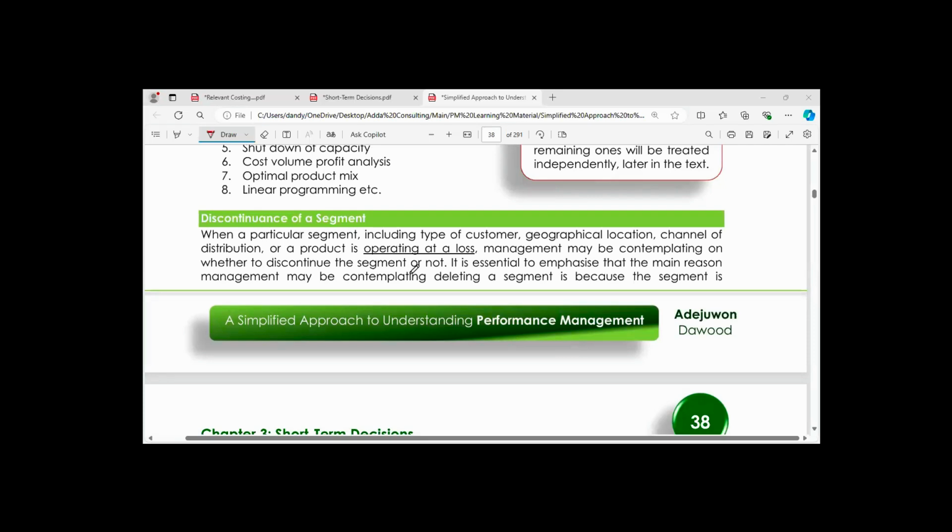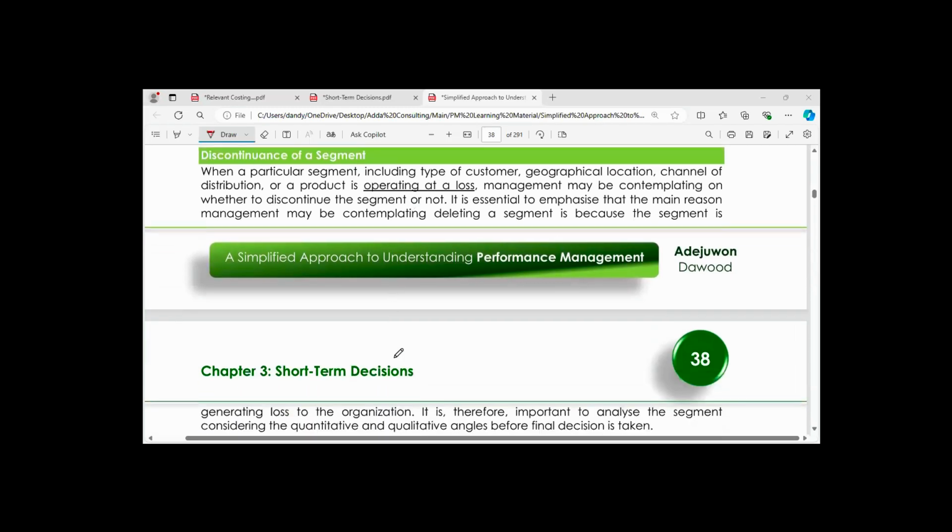No organization will like to incur a loss. But because that particular segment is operating at a loss, management will be contemplating closing down or discontinuing the segment. Like I mentioned when I was demonstrating a few minutes ago, the only reason management contemplates deleting a particular segment is that the segment is operating at a loss.